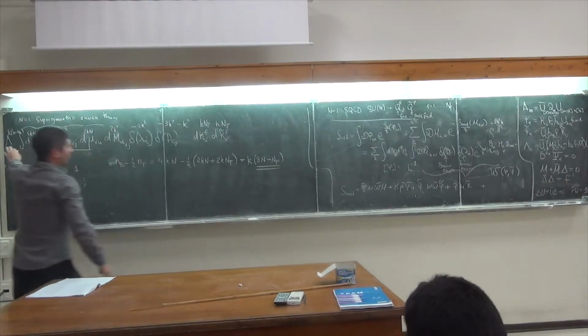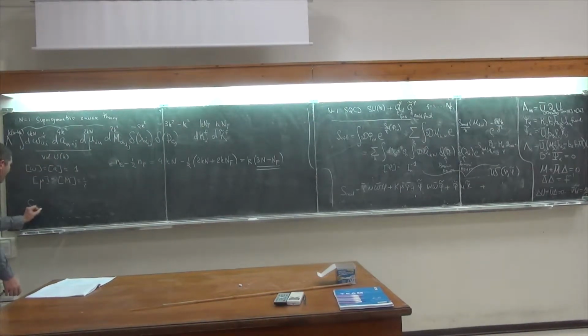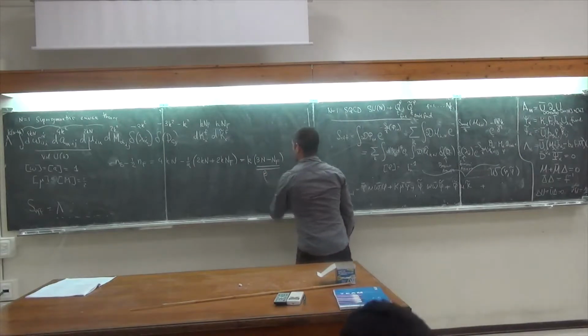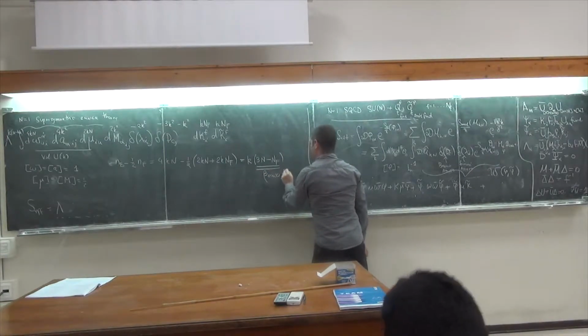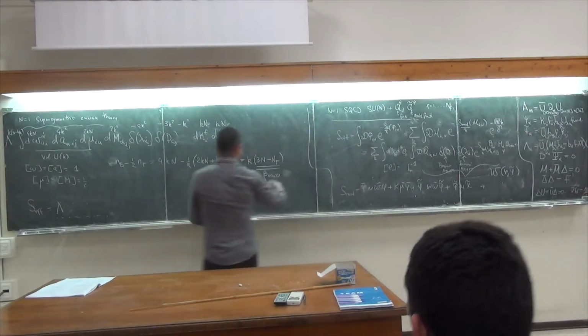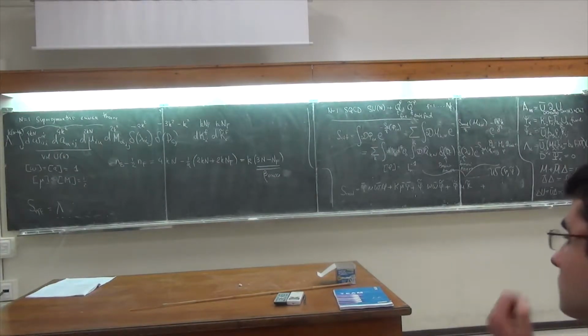Okay? Therefore, my effective action will be lambda to the, okay, I say this is the beta function of the gauge theory. What is the beta function? You essentially measure at one loop how the coupling constant runs.